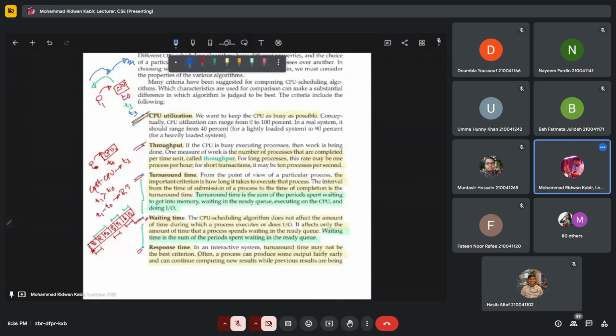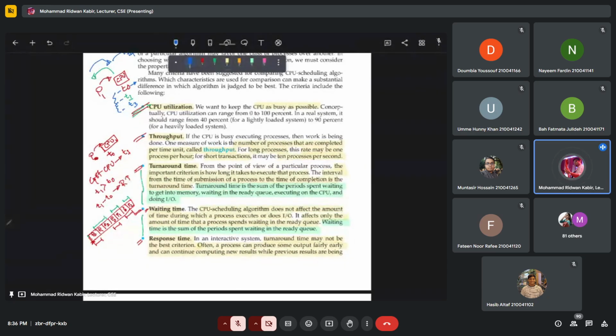Now the total turnaround time would be the summation of all these intervals, not the time unit, the interval between t0 to t1, t1 to t3, t3 to t4. These will be discussed in detail while we solve some mathematical examples. So this basically is the turnaround time of the process.